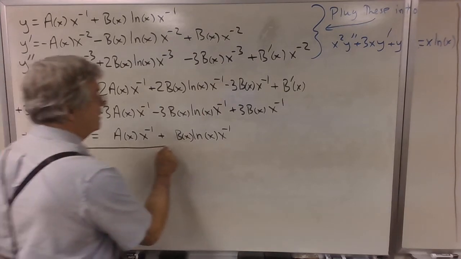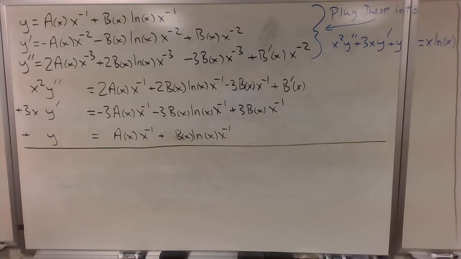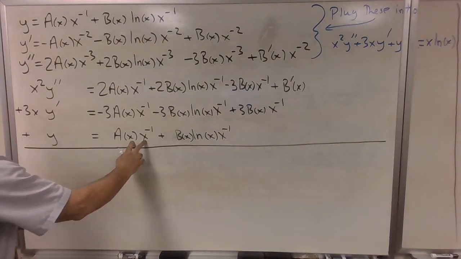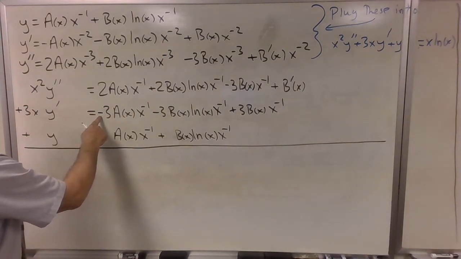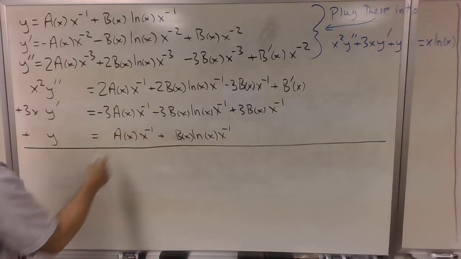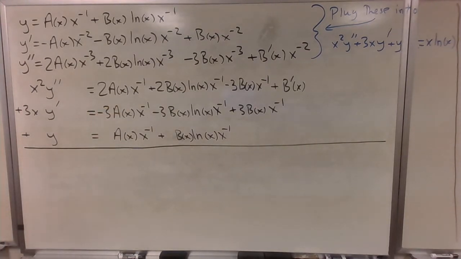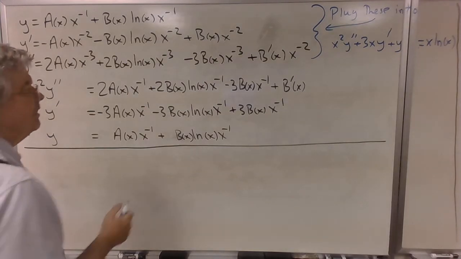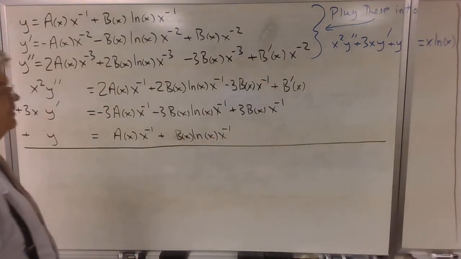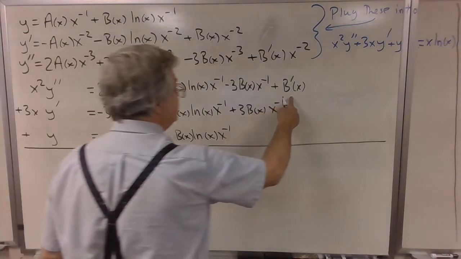And we add them all together. And this plus this is 3ax, x to the negative 1, minus 3ax, x to the negative 1. These three things add up to 0. Likewise, these three things add up to 0. These two things add up to 0. All I have left is b prime of x.